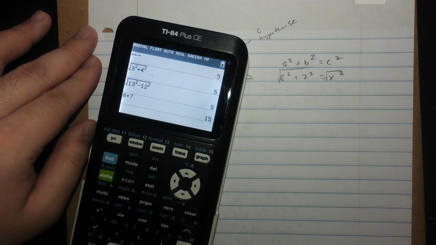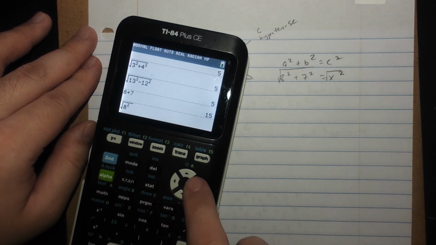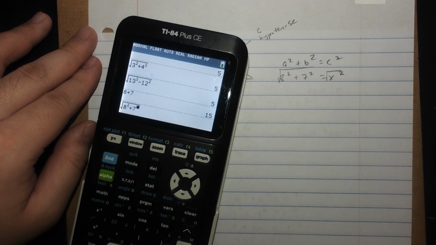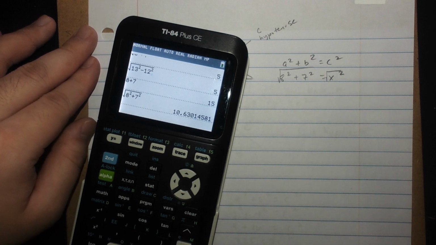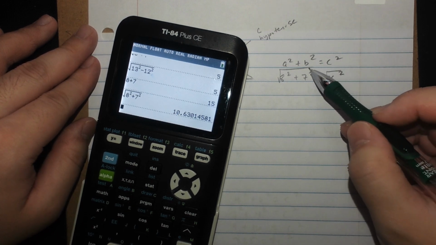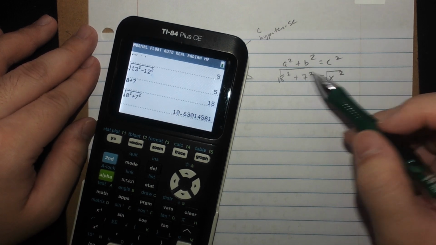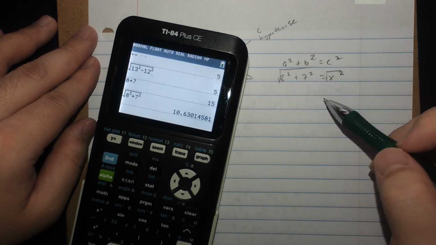But look, if I did the square root of 8 squared plus 7 squared, that's going to be a different story, right? It's not like, if you have a square root, then the 2's will go away. The exponent of 2's will go away.